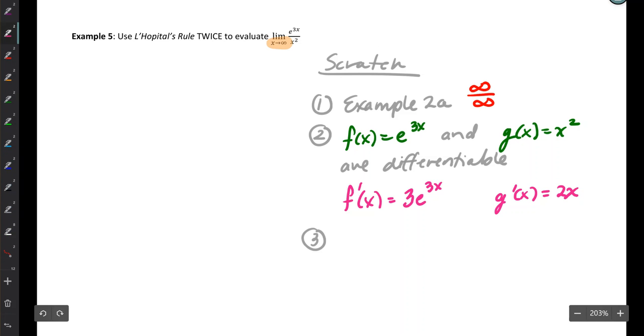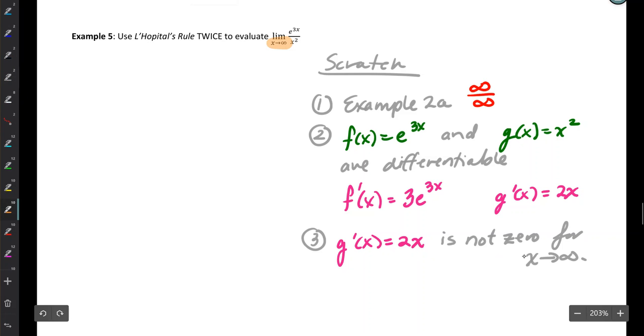And that's definitely the case. The derivative of the denominator is only 0 at 0. All right. So by 1, 2, and 3, we can use L'Hopital's rule.